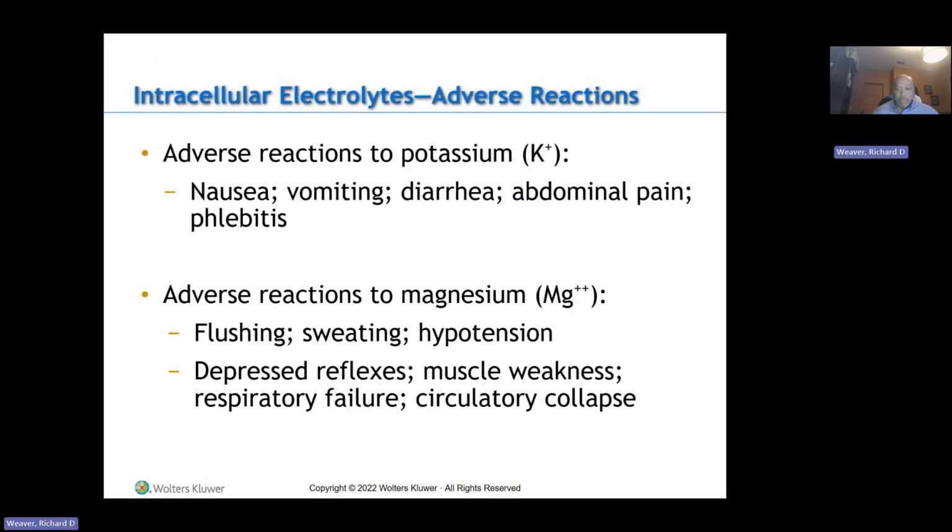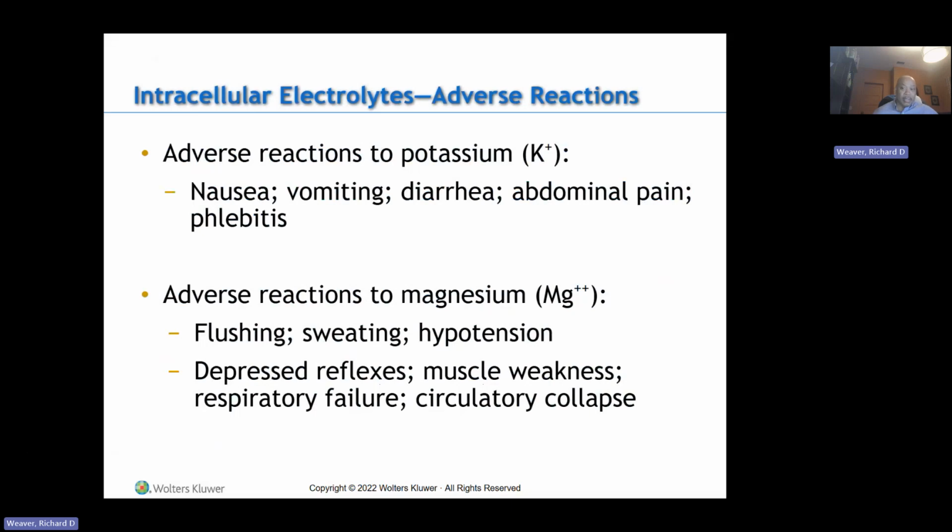And again, make sure you read the rest of this information. I'm just trying to see adverse reactions from magnesium administration, most likely related to overdose and may include flushing, sweating, hypertension, depressed reflexes, muscle weakness.